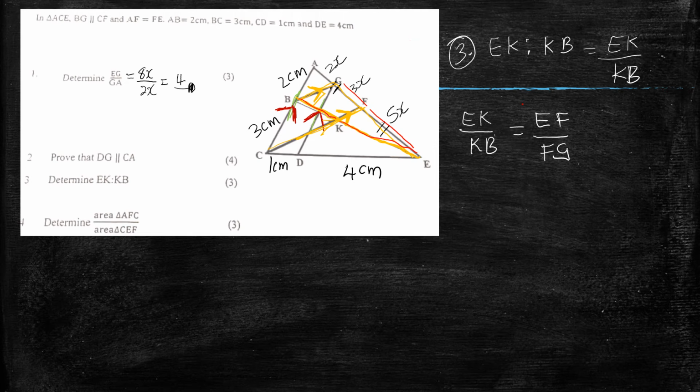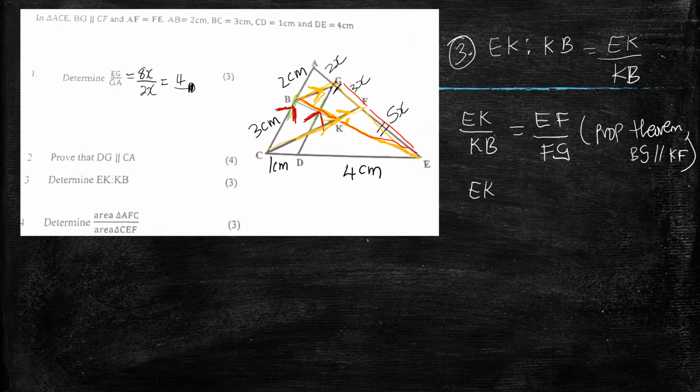In other words, we are applying what? Proportionality theorem. Don't forget to show them the lines that are parallel, because our BG is parallel to CF, or we can just indicate that one to see is parallel to KF there, because we can see they're parallel. Okay, so we can go and solve.